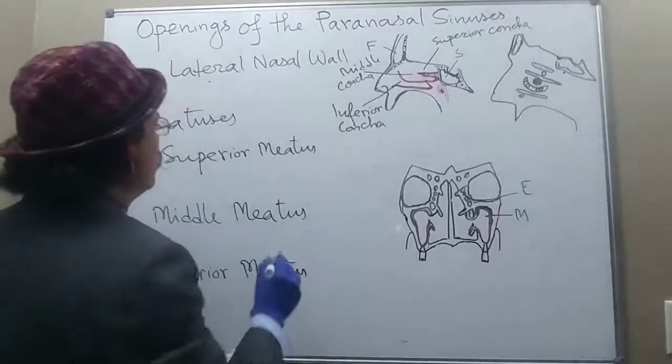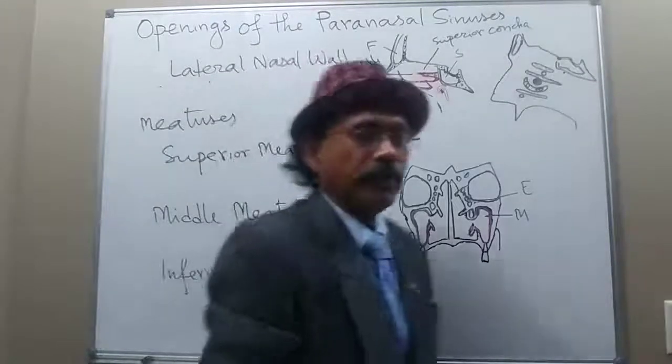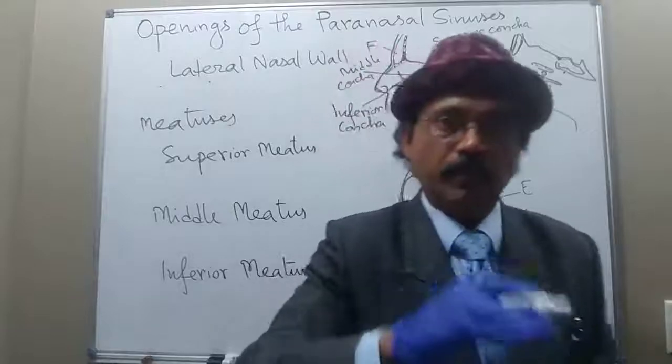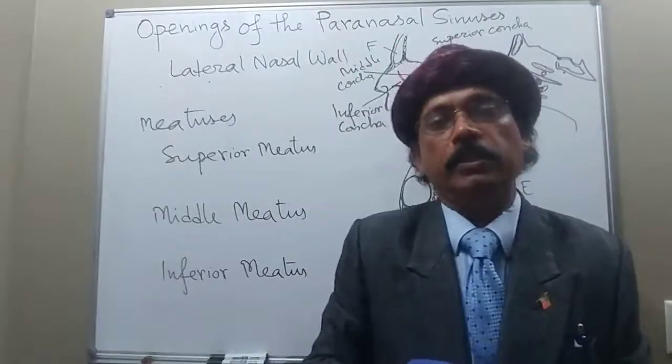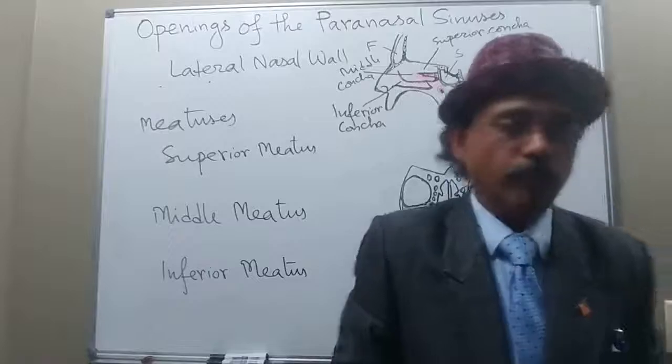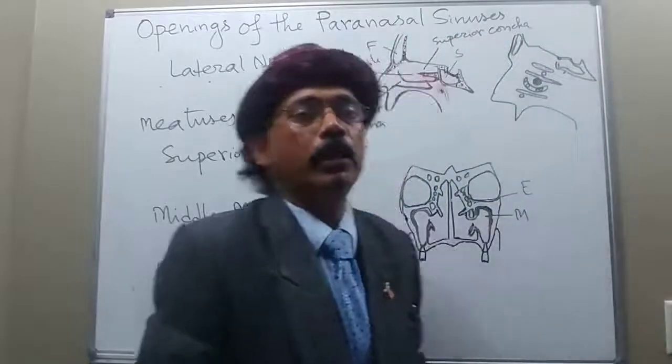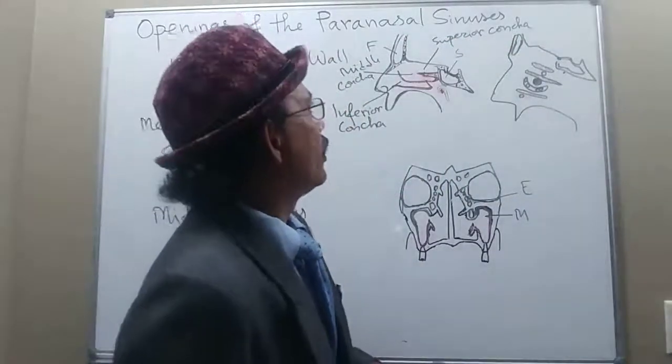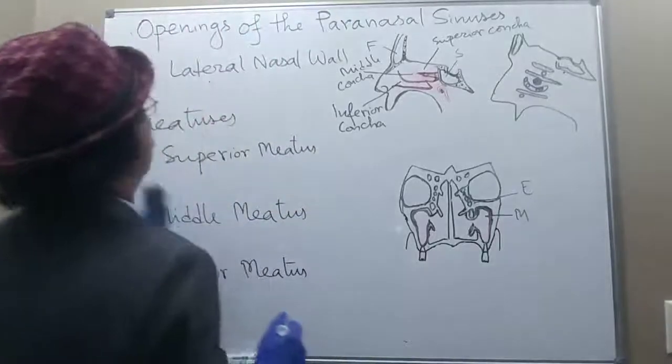Meatuses are the passages, the deepest passages underneath the concha. So we go to find out where our paranasal sinuses open.